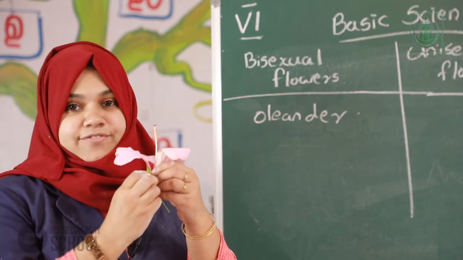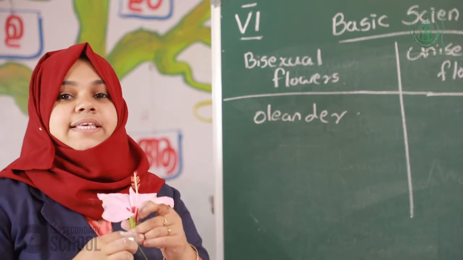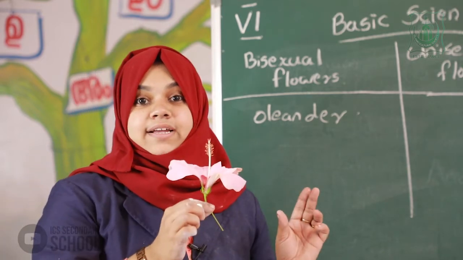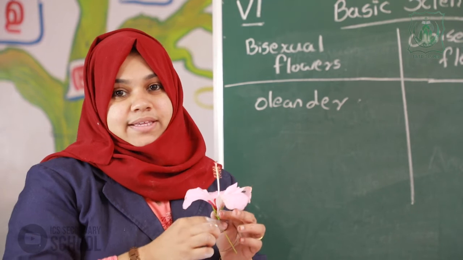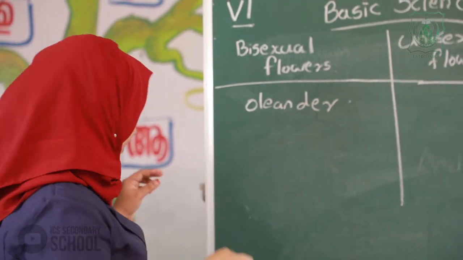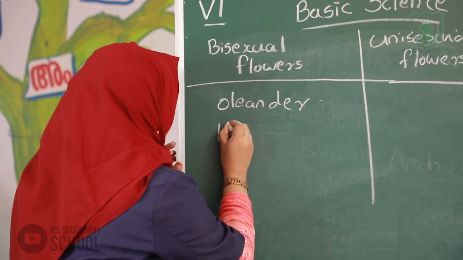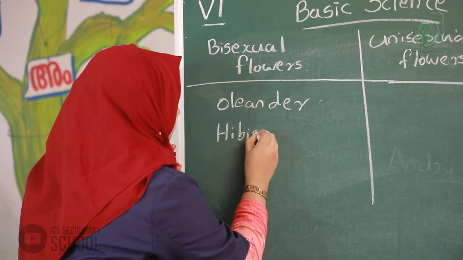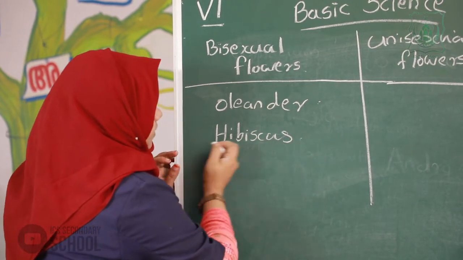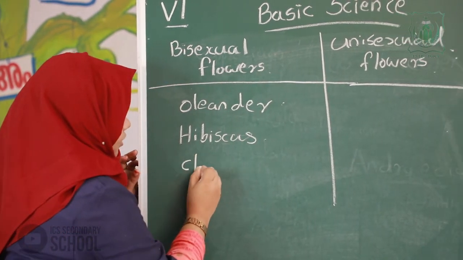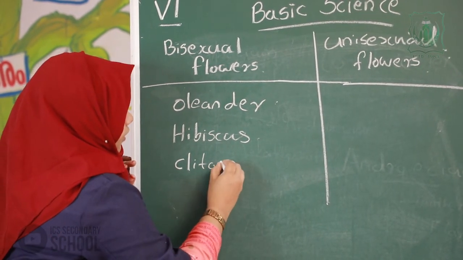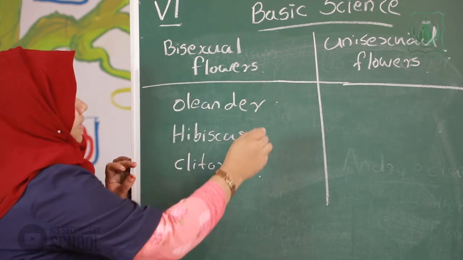See, same flower, is it? So this hibiscus is also a bisexual flower. So we can write hibiscus. Then which one? Clitoria. Yes, the textbook says clitoria is also a bisexual flower.